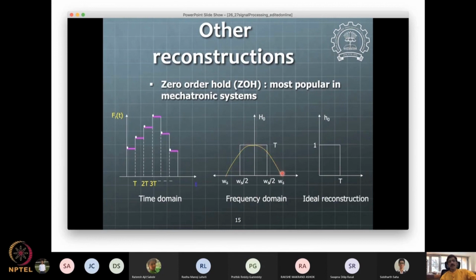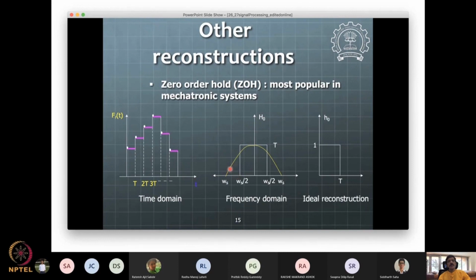How that comes we will not get into, but just to give some feel: if it is not ideal reconstruction, then what is it? The answer is that it is a reconstruction of this sort, allowing some values beyond omega s over 2 also to get through. If something exists for the signal when it is sampled, you may have something coming in this domain also.